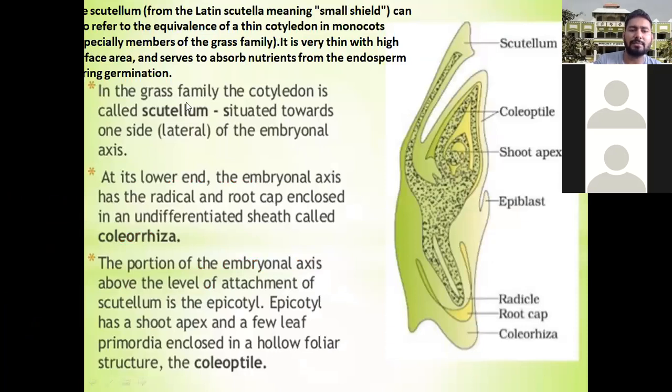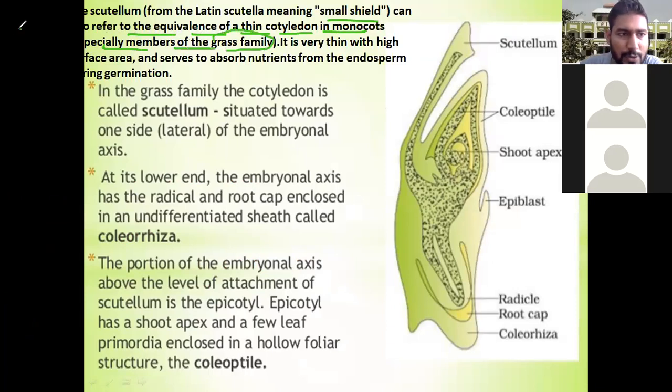Now, same things, monocot again they have described. Look at the scutellum. I told you the cotyledon of monocot is known as the scutellum. Scutellum is a small shield-like structure, referring to the equivalent of the single cotyledon in monocots, especially members of the grass family.